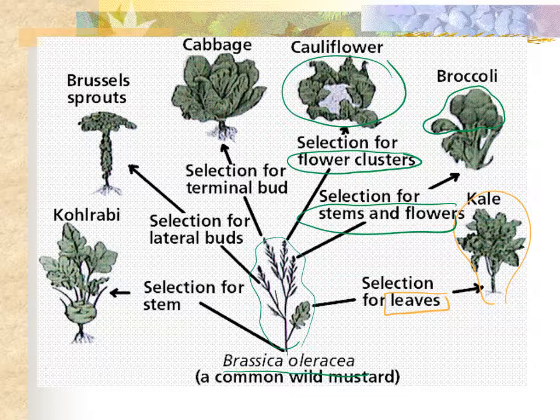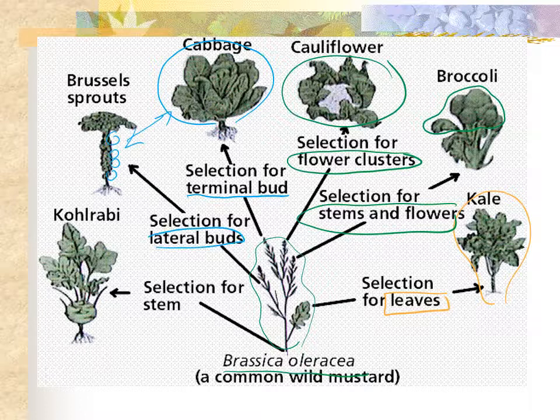For cabbage, we selected for a terminal bud, a bud that grows at the end of the plant. That gave us cabbage. Brussels sprouts grow along the side of the plant. So cabbage and Brussels sprouts are closely related, but again, the buds grow on the side. And a selection for this very large stem gave us kohlrabi. So all of that is human influenced and has given us all of those different species that we are familiar with today.